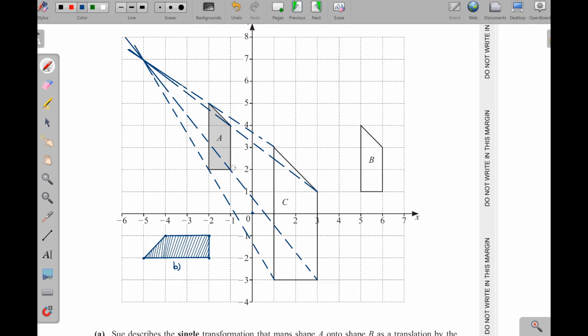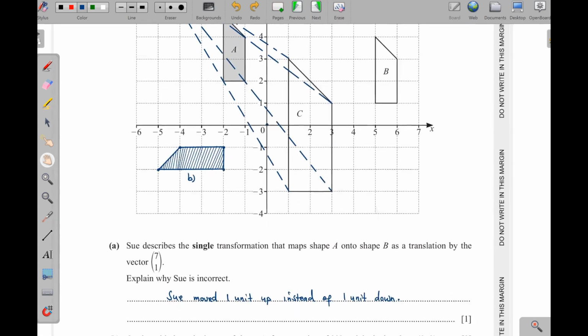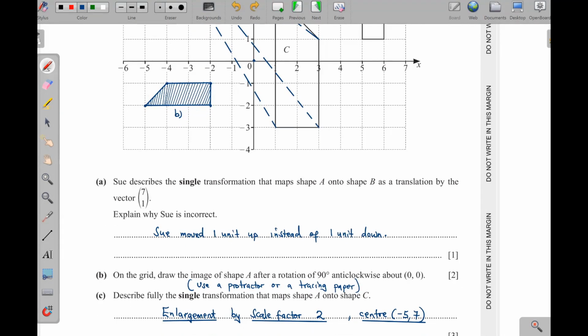Because you will say image side length is 1 over object side length is 2. So don't you think you are getting a fraction? So that is that. So for this case, we are having the scale factor of enlargement what? Positive. But where we have the scale factor of enlargement being a negative, that one is so common in what? In extended, not in core here.